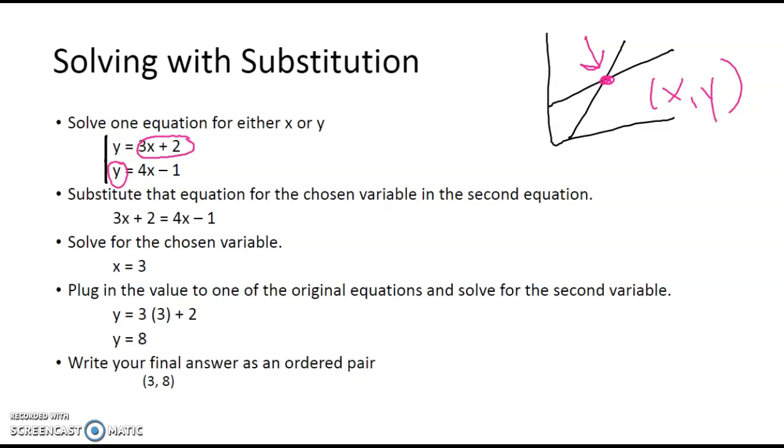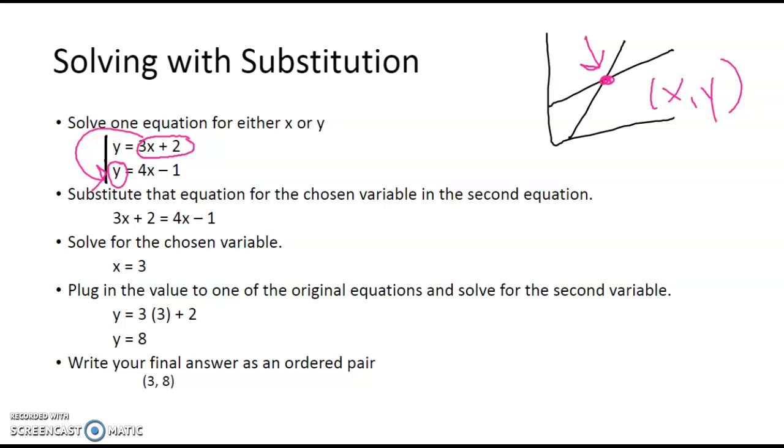So if this y is worth 3x plus 2, this y down here must also be worth 3x plus 2. So I can substitute the value of one of the y's in for the y of the next equation. I can do the same thing with x, but in this case, y is easier.